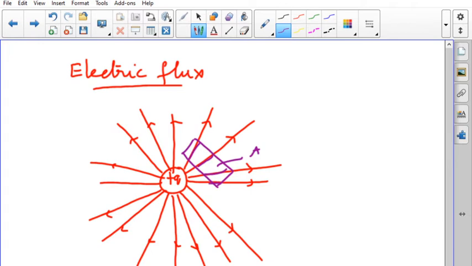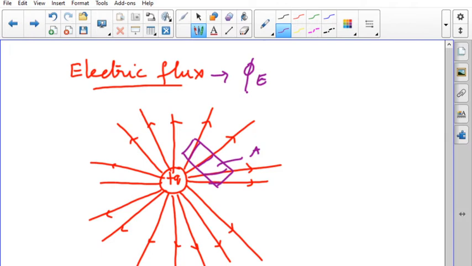The position is to be normal to the field lines, that is, it should be perpendicular to it. That is what is called electric flux, which is represented by the symbol phi E. Phi is for flux and E is for electric field.